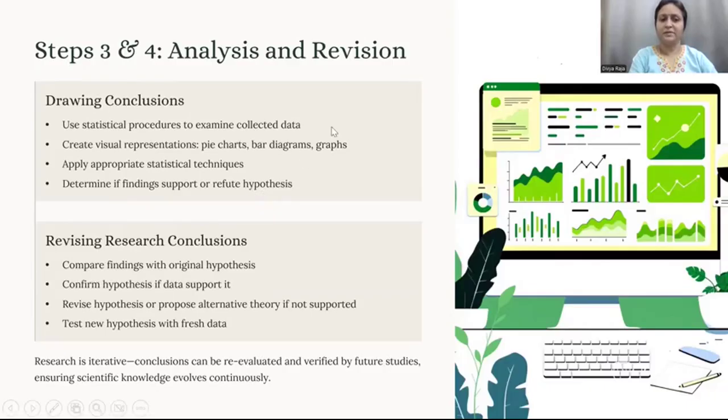The last step is revision, where I will revise research conclusions. I will compare my findings with my original hypothesis, and if the hypothesis is correct and if my data supports it, fine. Else, I have to revise my hypothesis or propose an alternative theory if it is not supported.